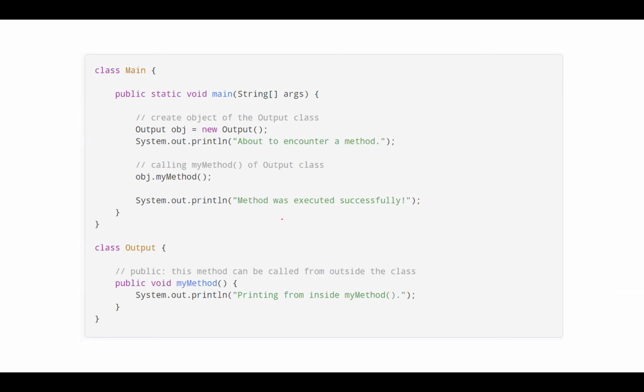In this specific example, this is another method calling where you have created an object of this specific class, which is output class. In all the examples that we have covered, I have written just a single class which can have multiple methods.